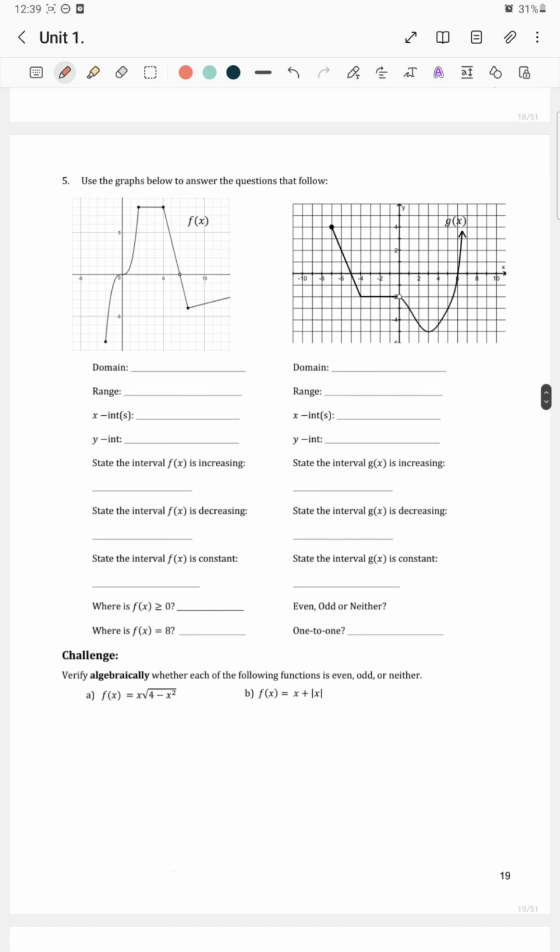Use the graph below to answer the following questions. Okay, so domain of this graph: -2 to 7, 7 is not included, union 7 to positive infinity.